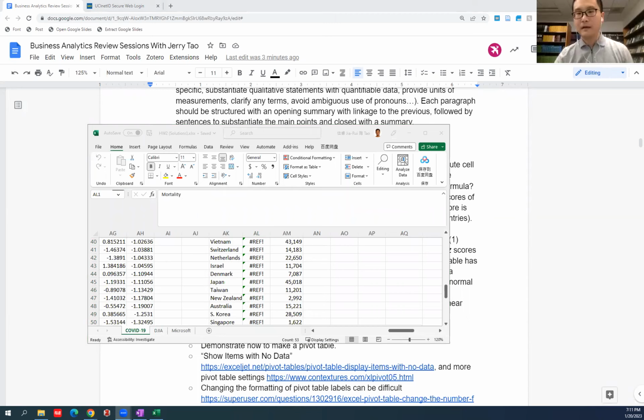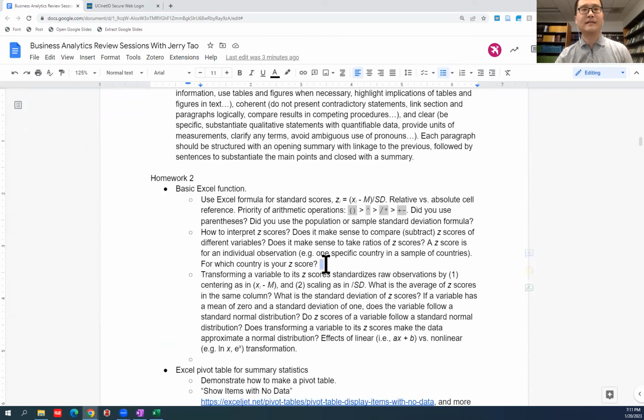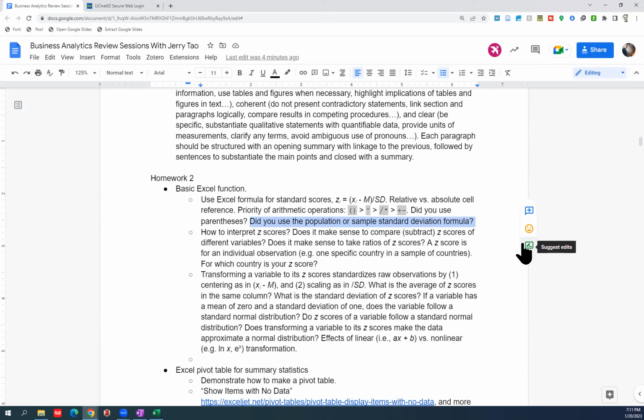Great question. I also included a hint question here regarding what formula should be used when you calculate a standard deviation. I believe the professor addressed this question by saying we should use population standard deviation. Sounds good.